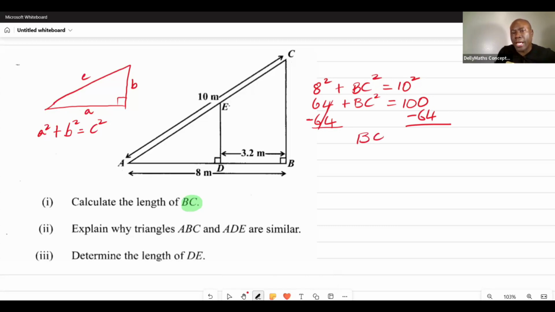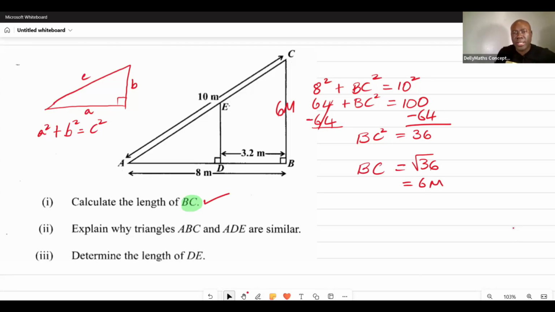On my left side, I have BC squared, and when I subtract 64 from 100, I have 36. Now, if I'm going to find BC, I'm going to have to take the root of 36, and this is going to give me 6 meters. So BC is 6 meters long. All right, so we have just dealt with that.